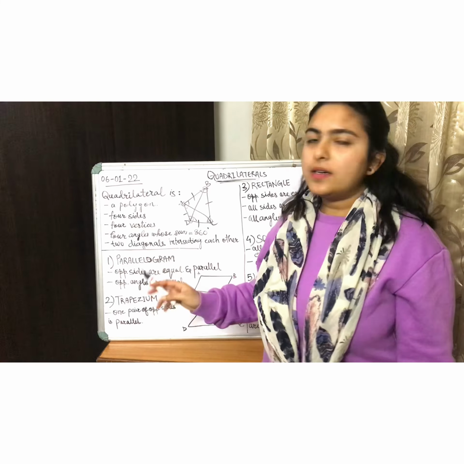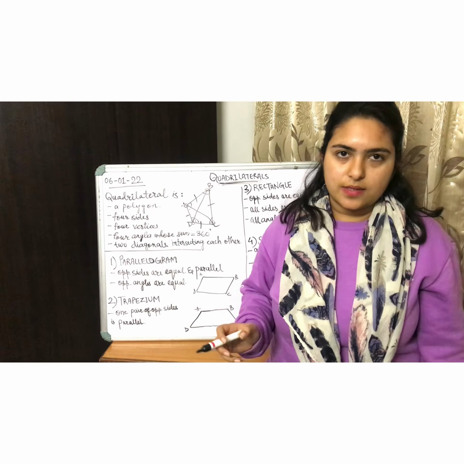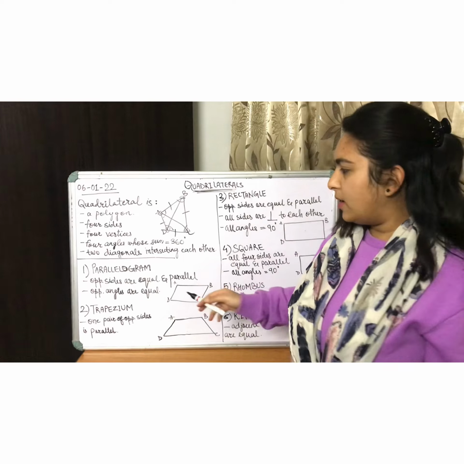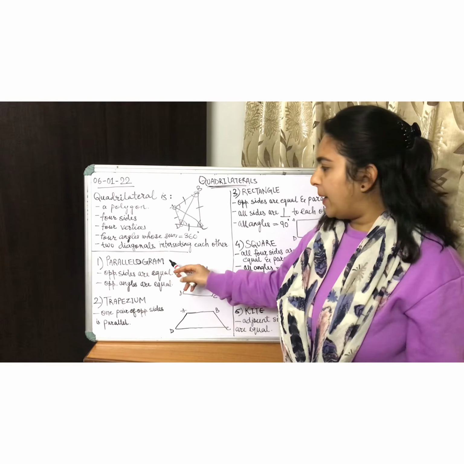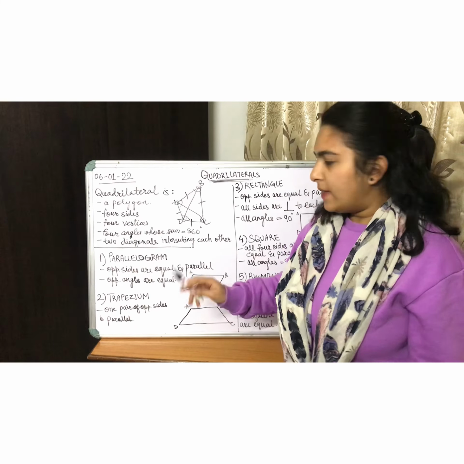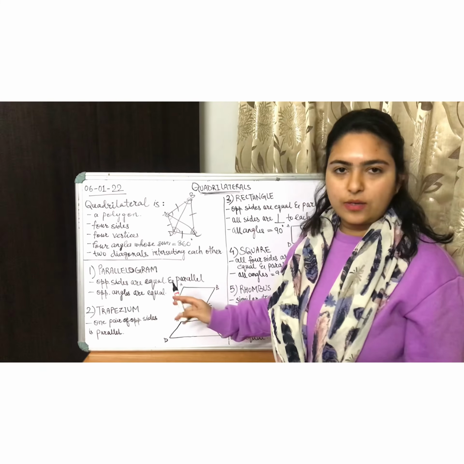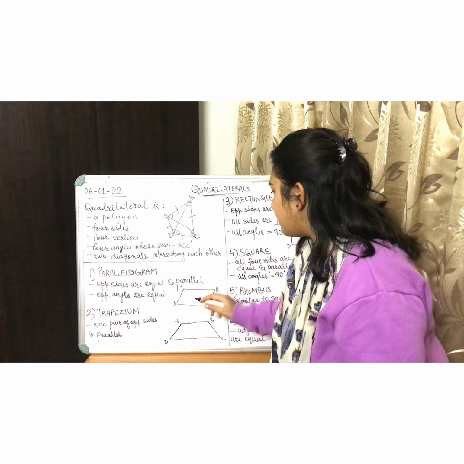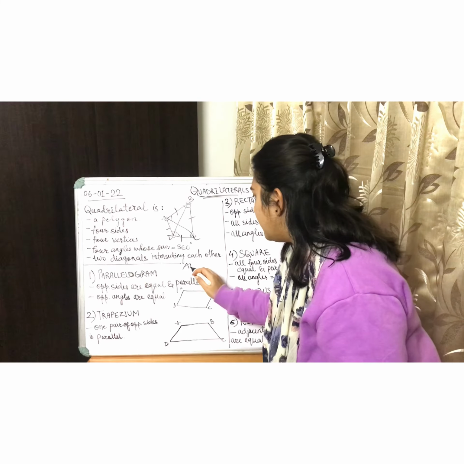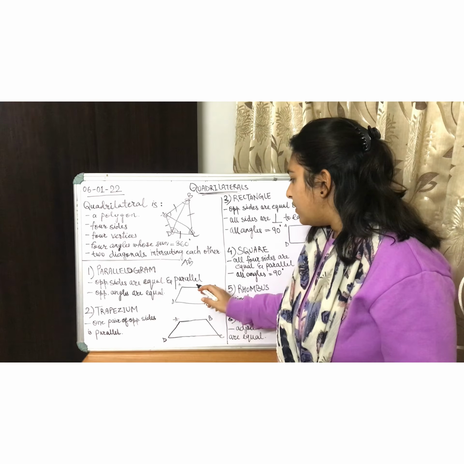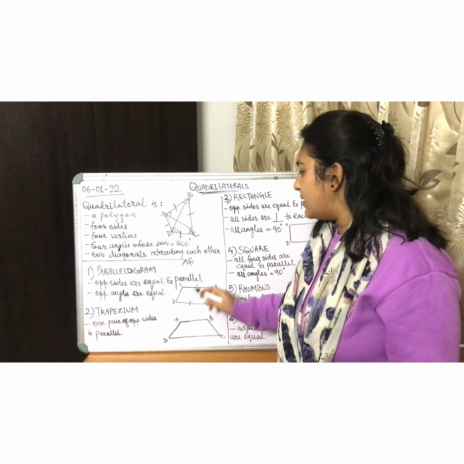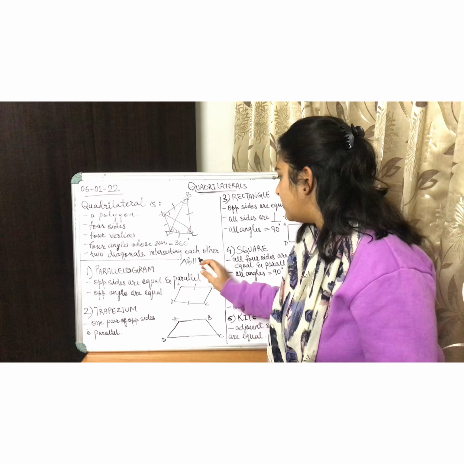Now let us look at the types of quadrilaterals, each having a different and unique property. Okay, so first is a parallelogram. A parallelogram is a quadrilateral that has opposite sides equal and parallel. That is, if we look at this parallelogram, AB will be equal and parallel to CD.